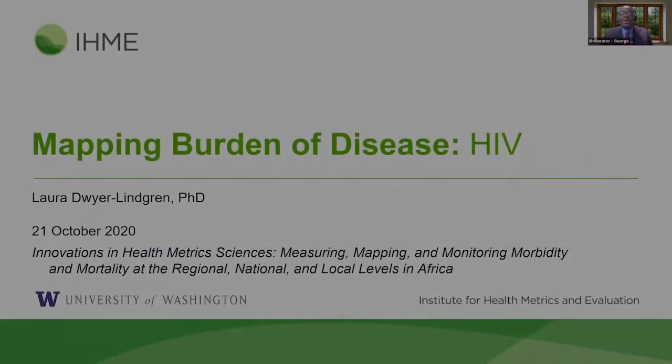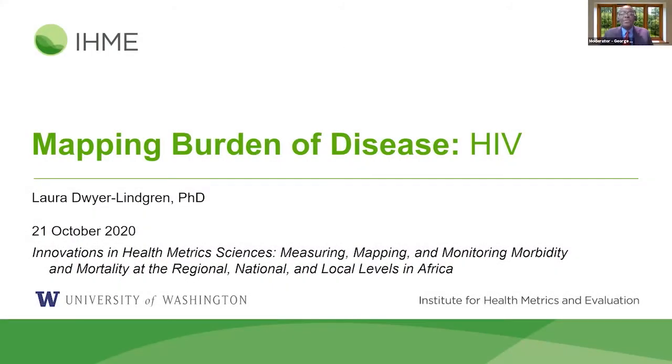Dr. Laura Dwyer-Lindgren is an assistant professor of global health at the Institute for Health Metrics and Evaluation. She's a very vital member of the local burden of disease research team, where her focus has been on mapping, measuring, and helping monitor the HIV epidemic.